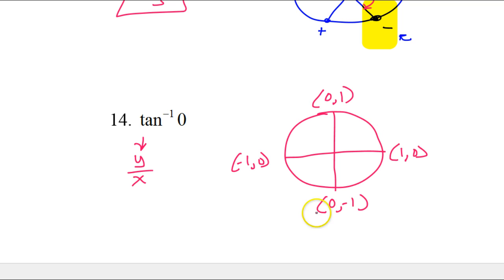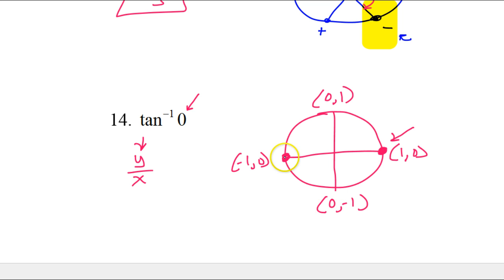So which of these are going to give me 0 for an answer? Well, this y over x, 0 over 1, this is going to give me 0. So an angle of 0 gives me 0. And what else? This would be 1 over 0, that would be undefined. 0 over negative 1, that's also 0. Negative 1 over 0, that's undefined.